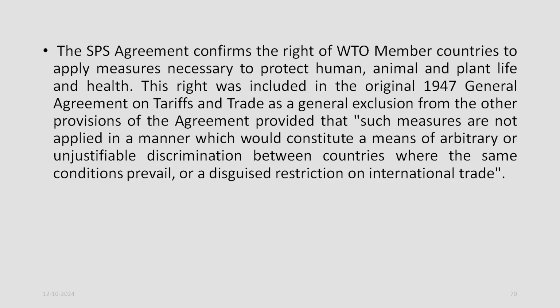So it's not something totally new for the WTO, although the WTO has taken a very wide concept of sanitary and phytosanitary measures in comparison to the earlier trade system, that is the GATT. In GATT also there were some provisions covering these measures, but they were not very elaborate.